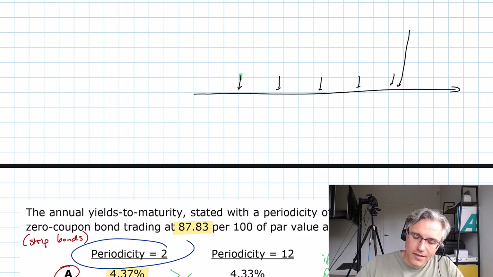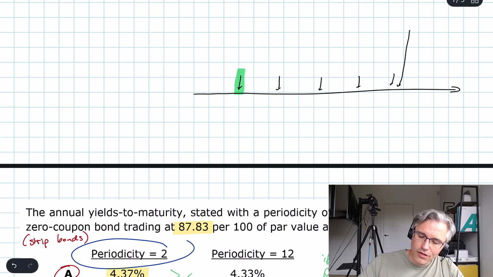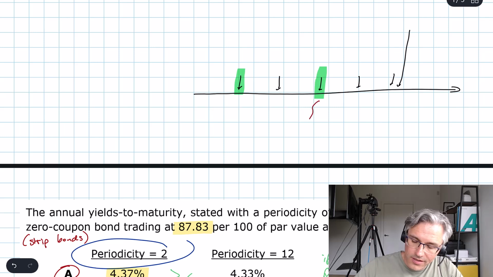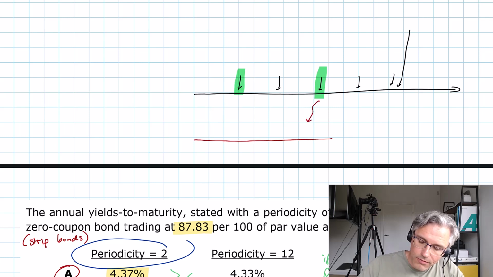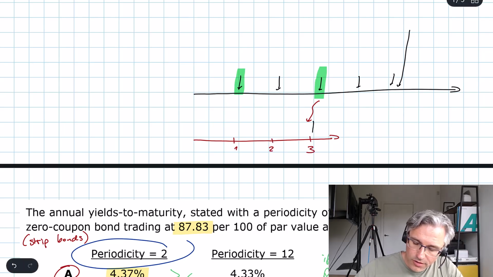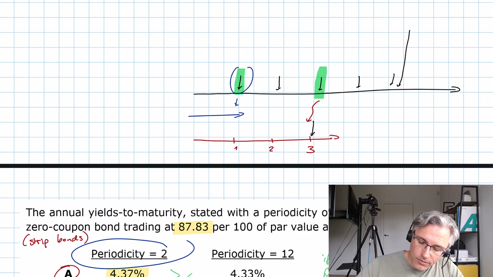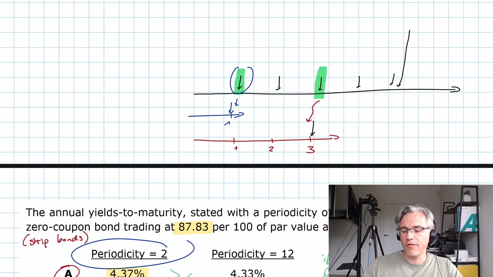You can take this cash flow and turn it into an individual bond, a separate security, with 1, 2, 3 years until maturity, and on its maturity date it promises this much. This coupon will be turned into a 1 year zero coupon bond.